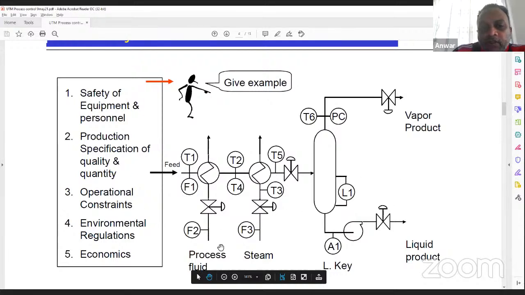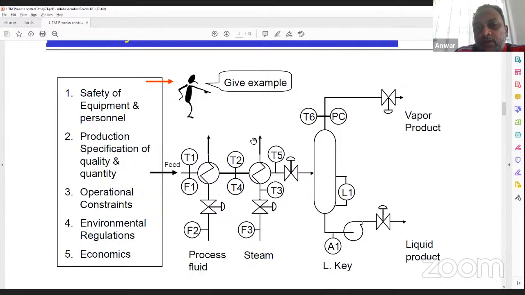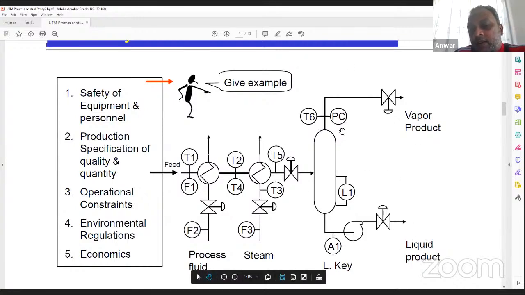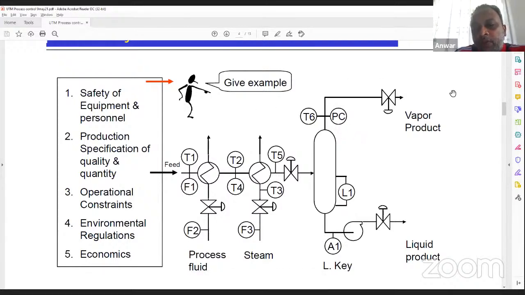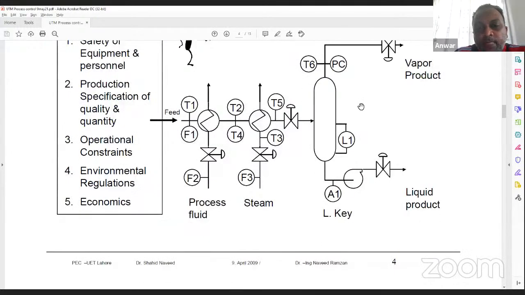So this is where the process control and instrumentation system comes in and takes care of the safety of the equipment and also the personnel involved here.